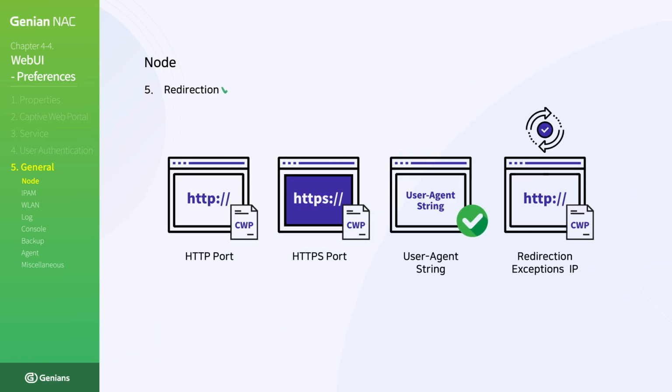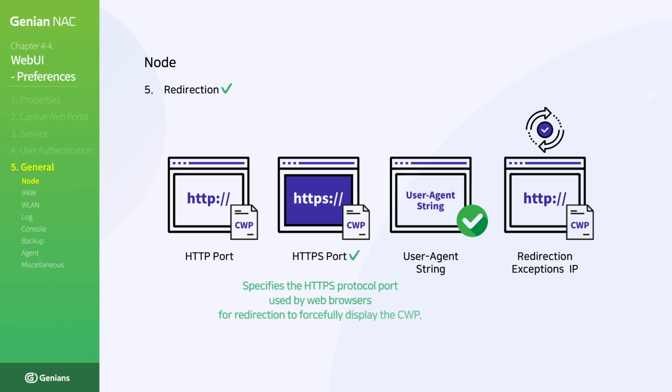The redirection section allows you to configure the following options: HTTP port, HTTPS port, user agent string, and redirection exception IP. HTTP port specifies the HTTP protocol port used by web browsers for redirection to forcefully display the captive web portal.